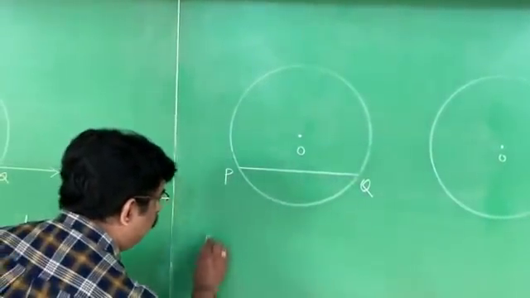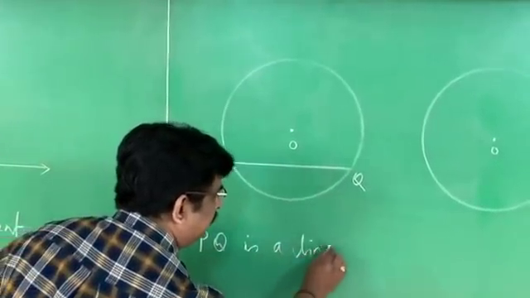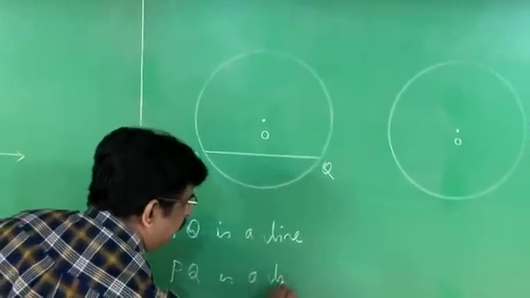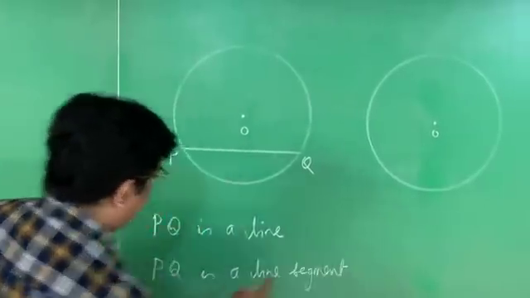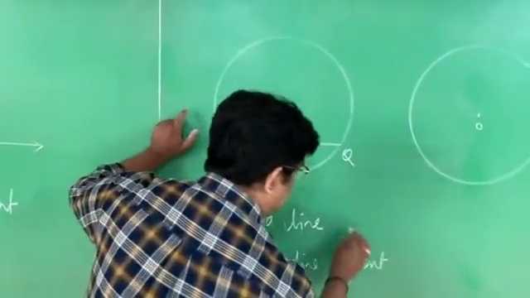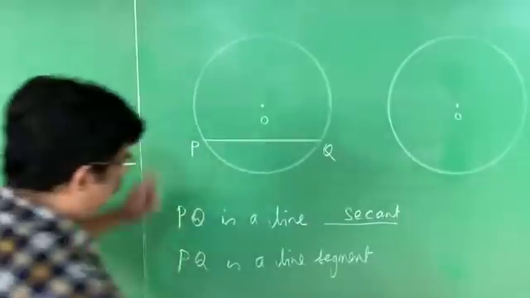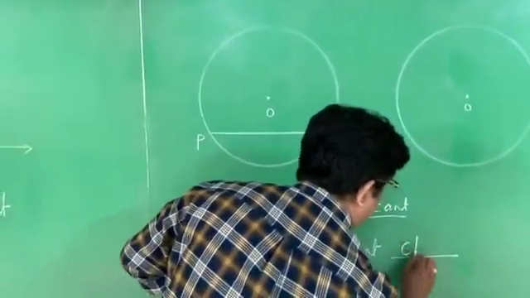Is PQ a line, or is PQ a line segment? If PQ is a line, then it should be a secant. If PQ is a line segment, then it is a chord.